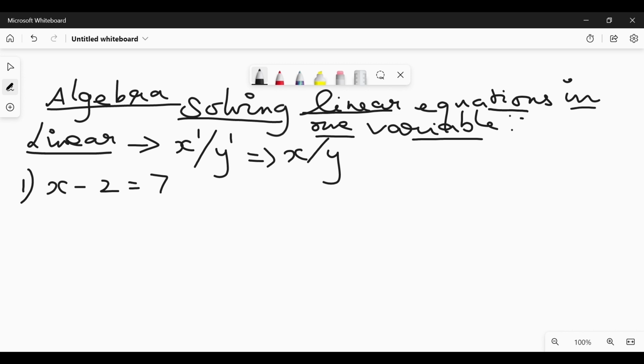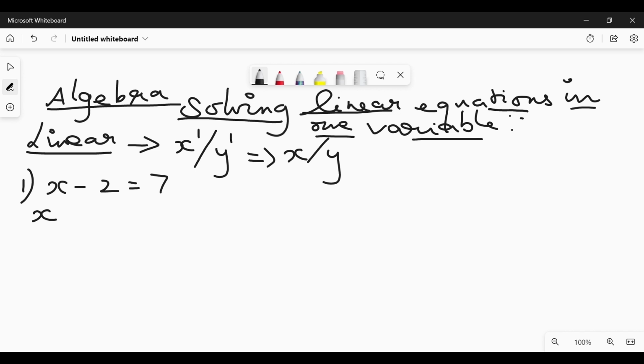This is the equation which I have taken. Now in this, as I need x to be found, keep the x alone on this side. I need to take this minus 2 to the other side, or otherwise remove minus 2 from the left hand side so that I can isolate x. For that, I should always add the additive inverse.